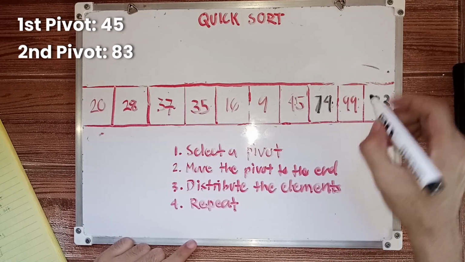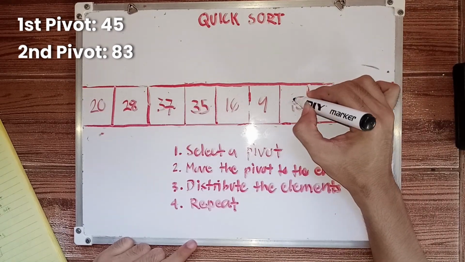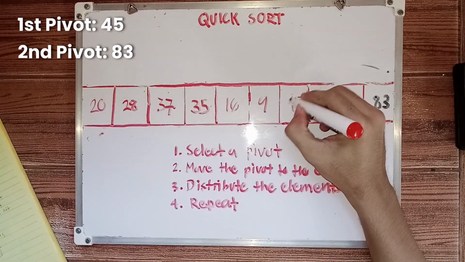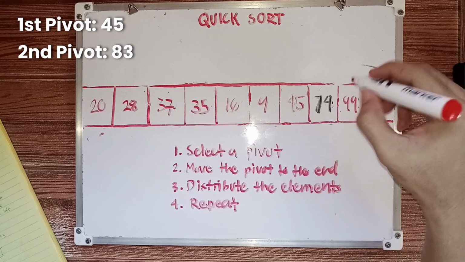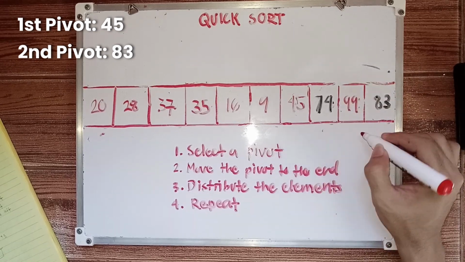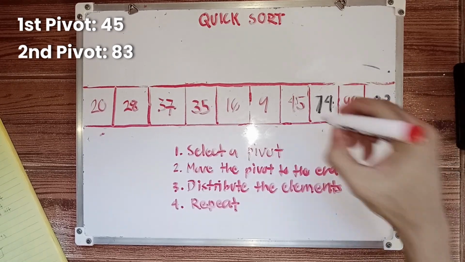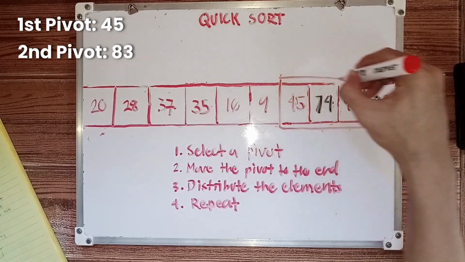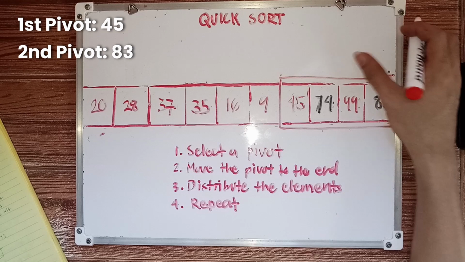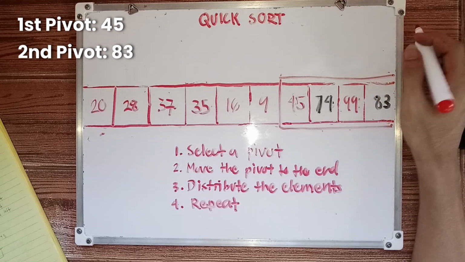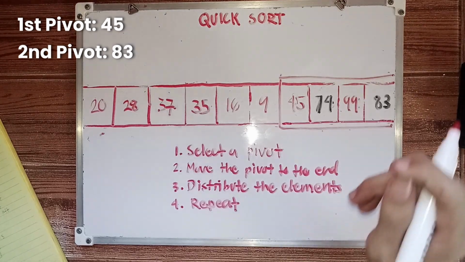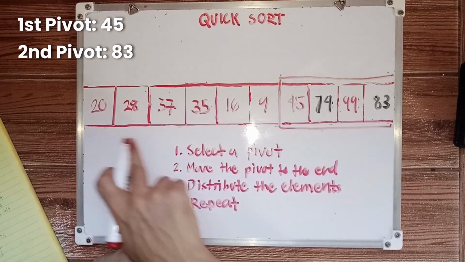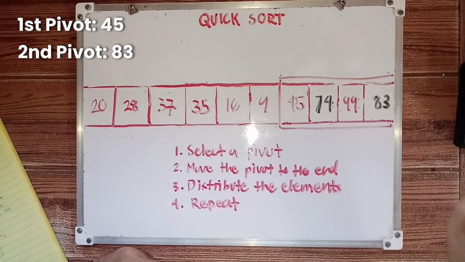Now, as we can see, 45, 74, 99, and 83 is already sorted, so we can box it out and we can select another pivot from the remaining unsorted elements.